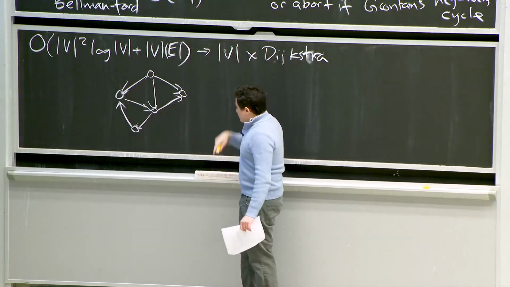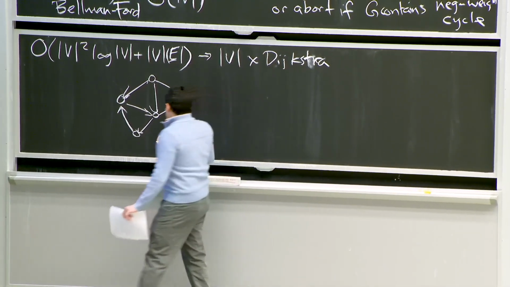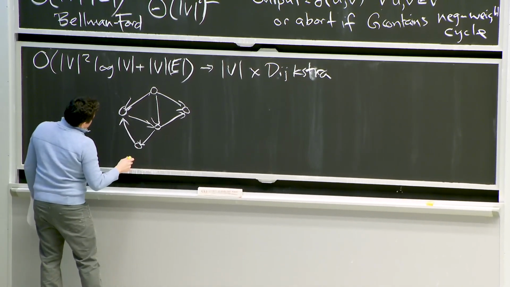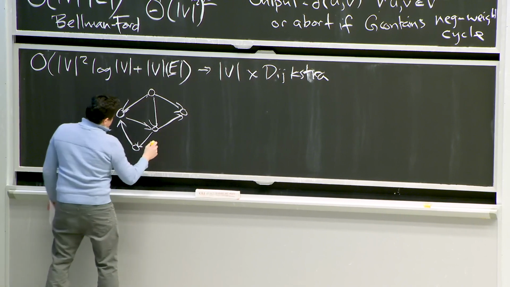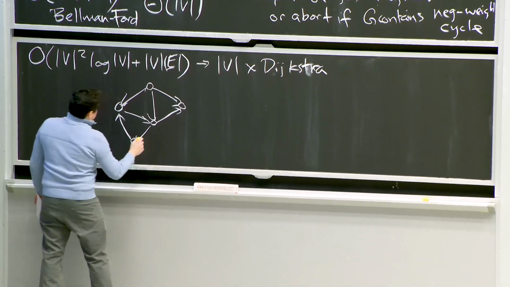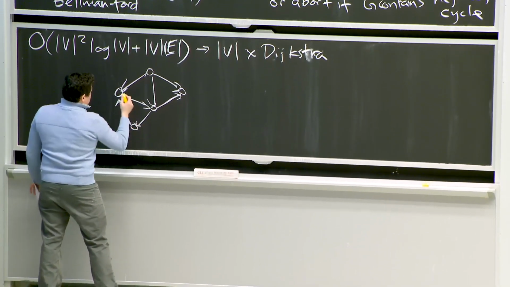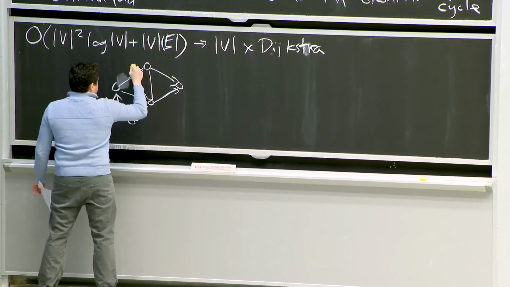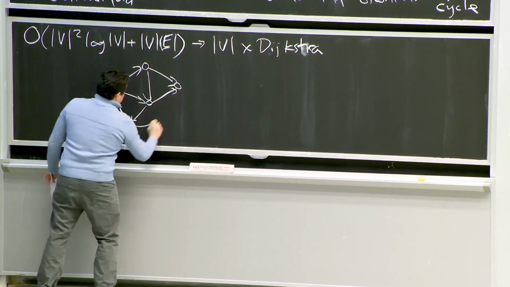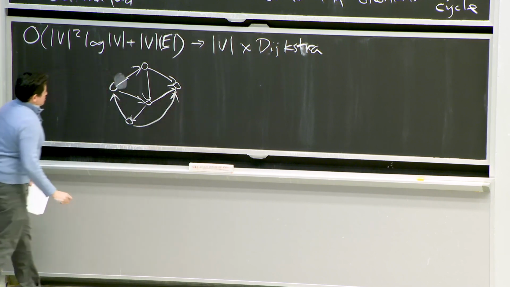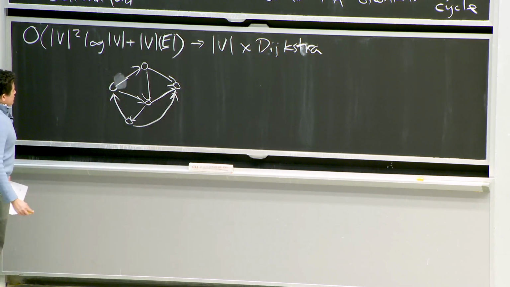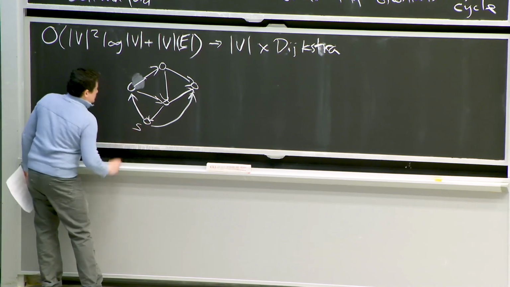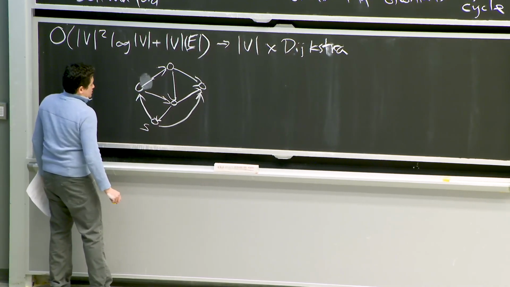Okay, so here's a graph. Say we have a directed graph like this, and let's say this is S. This is our source.